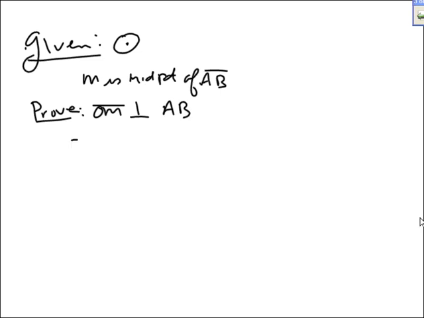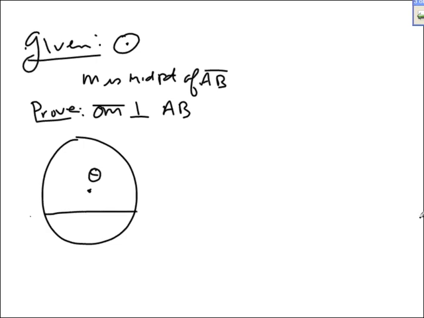Well, let's have the picture. You have the circle O, and you have some line segment AB, and it clearly says that M is the midpoint of AB. And you want to show that OM is perpendicular to AB.